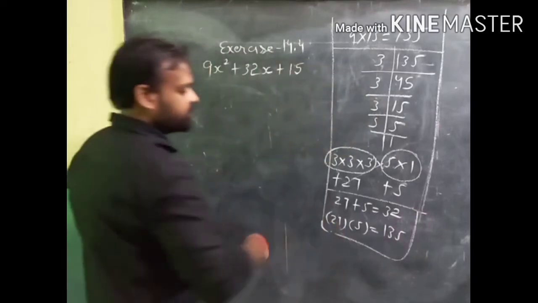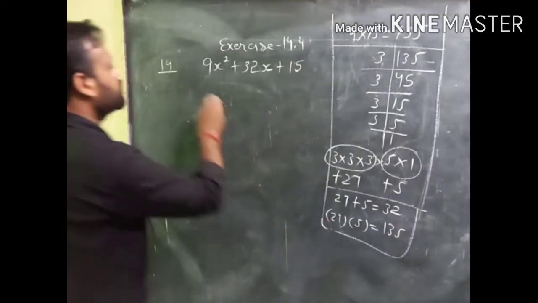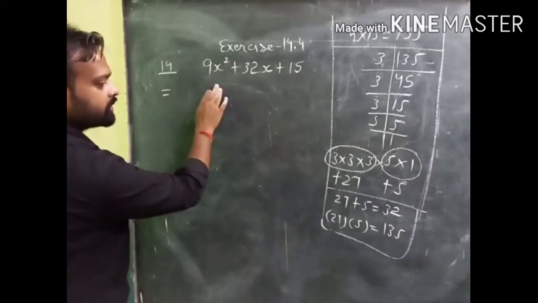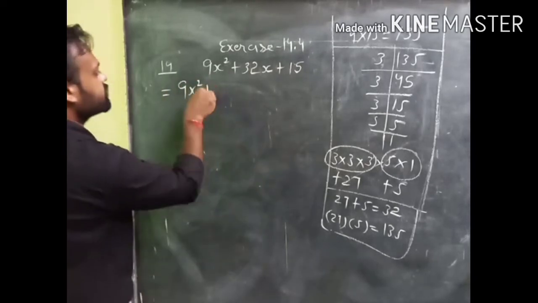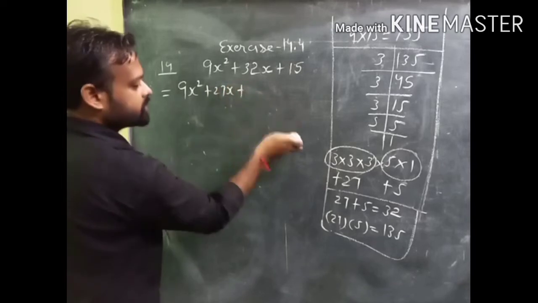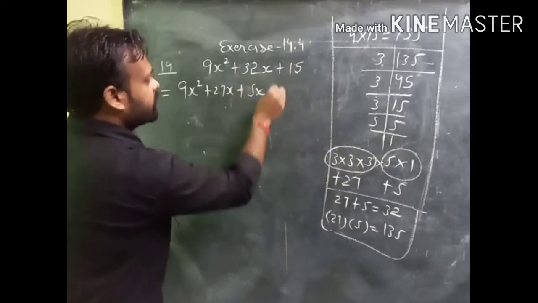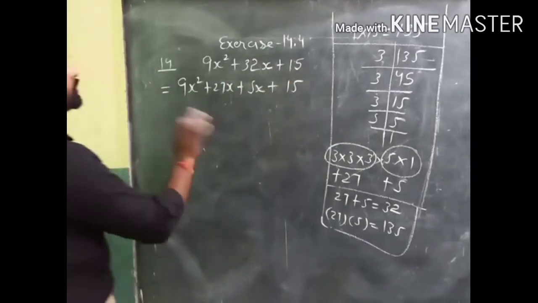So both conditions are satisfied. Write down 9x square, then the split values 27x and 5x, and then 15. I hope this is clear to you.